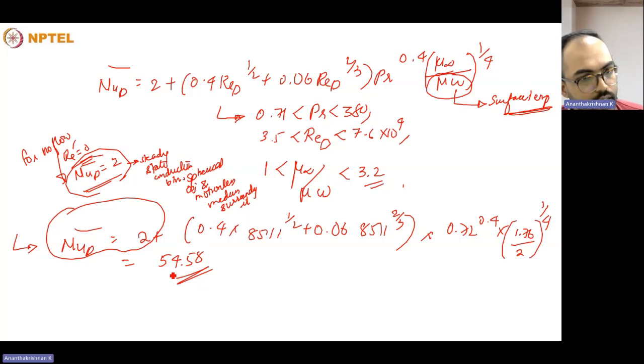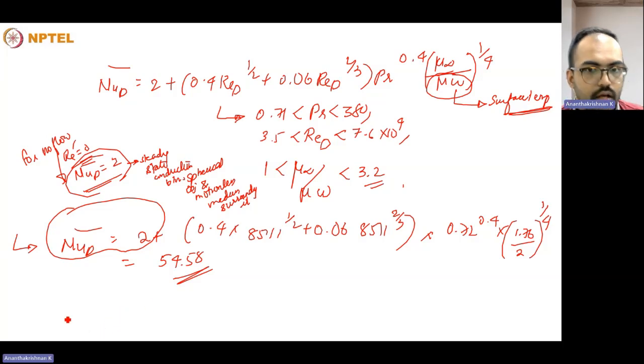From this correlation, we can't actually predict whether this is a turbulent or laminar case, but for the time being, since the correlation is valid for this range of Reynolds number, we can take it to be valid, so that we can substitute the Reynolds number straightforward.